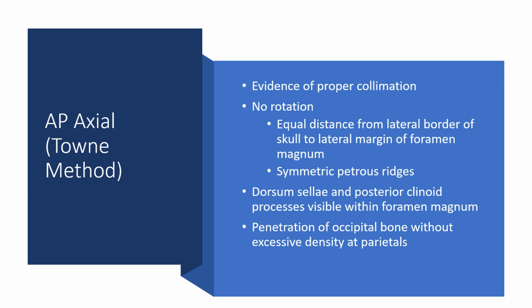So that's a problem of tube angle or part position tipped front to back. Penetration of the occipital bone without excessive density at the parietal bones. That's the tricky part, because the parietal bones are not as thick as the occipital bone is.